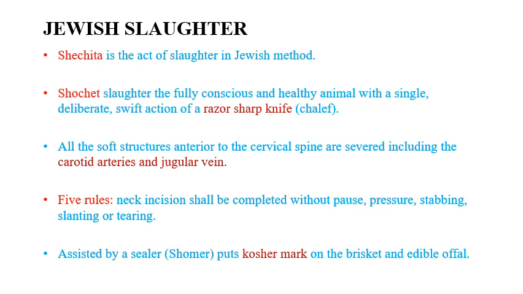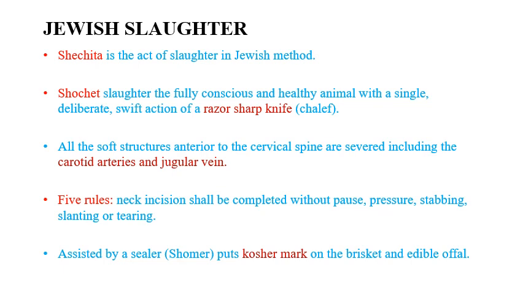So in this case, a healthy animal is indicated, meaning the animal should be inspected and it should be free from any disease, and only the live animal should be slaughtered. All the soft structures anterior to the cervical spine are severed, including the carotid arteries and jugular vein.